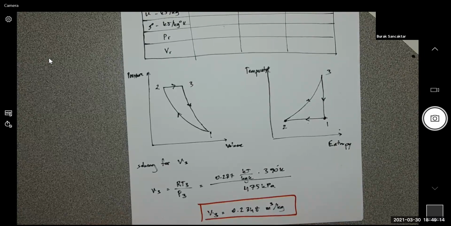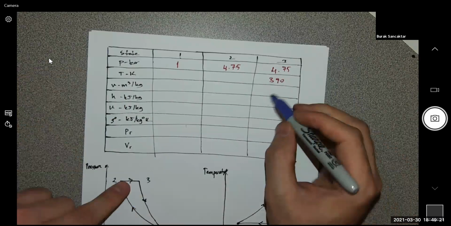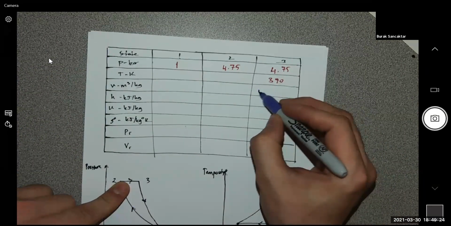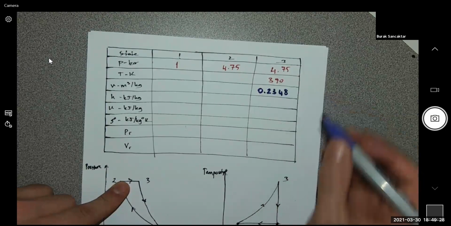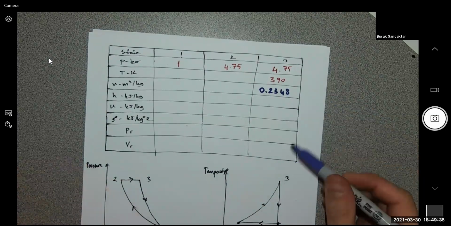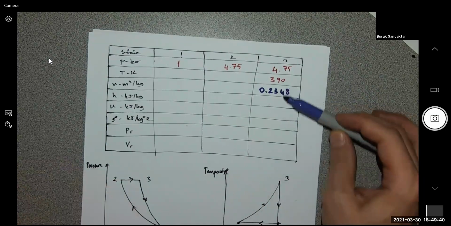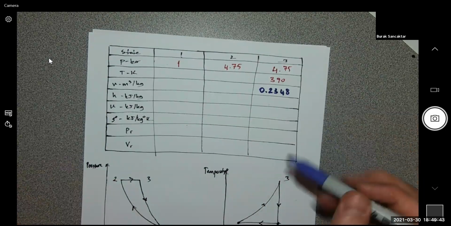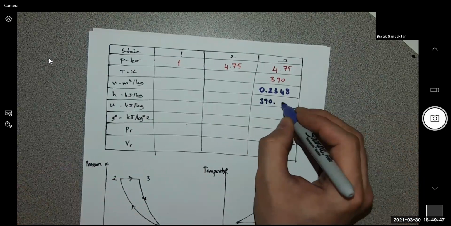Okay. Specific volume 0.2348 meter cubed per kilogram. I can also write my other properties because I know my temperature. If I go to ideal gas table, I can extract them from the table. Enthalpy will be 390.88.